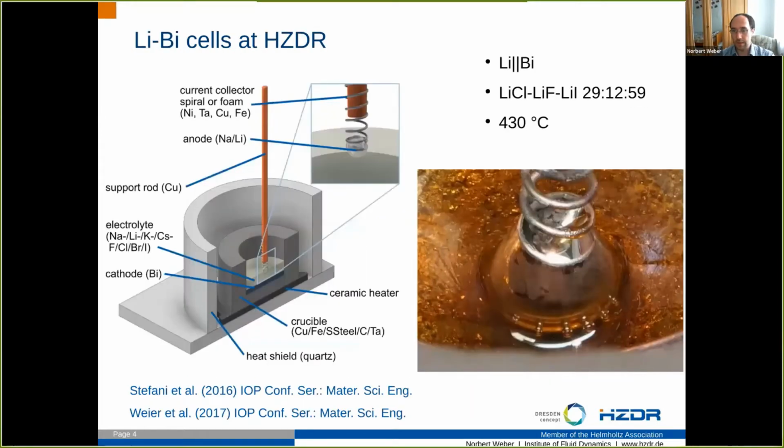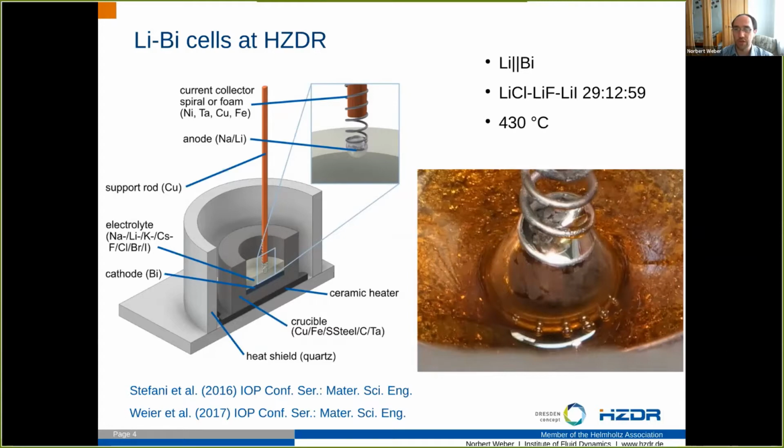Here you can see one cell which we built in our laboratory in Dresden. That's again lithium bismuth, and this cell worked at around 450 degrees and always in the glove box, under a protective argon atmosphere. What looks a little bit like honey is the electrolyte, really transparent like water.